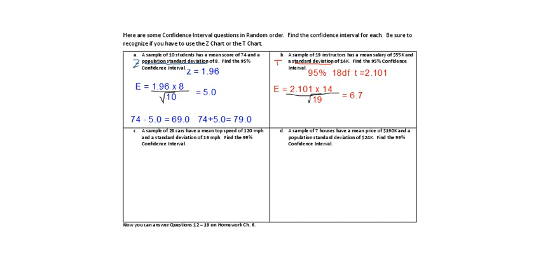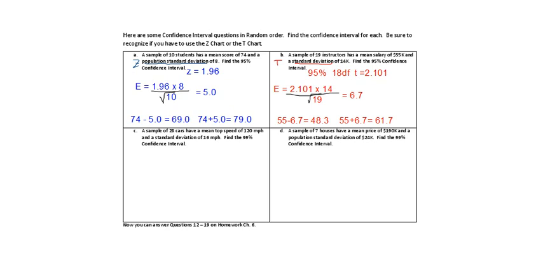And finally, we can do 55 minus 6.7 and 55 plus 6.7. If you subtract, you're going to get 48.3. And if you add, you are going to get 61.7. All right, very good.